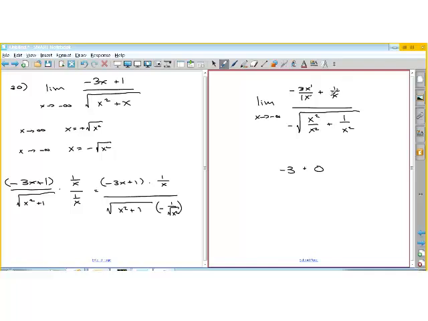The second term is 0. 1 divided by negative infinity is 0. 1 divided by positive infinity is 0. Any number divided by infinity is 0. Okay, so that's what you get from the top. In the second part, you get x squared over x squared, which is 1.